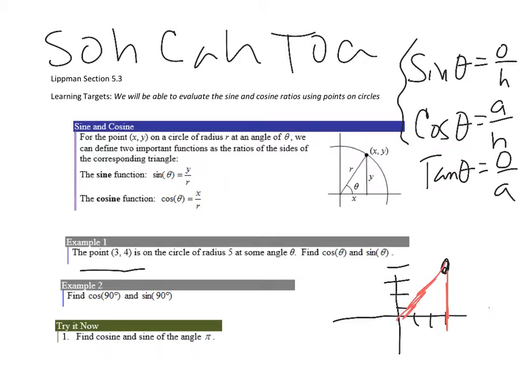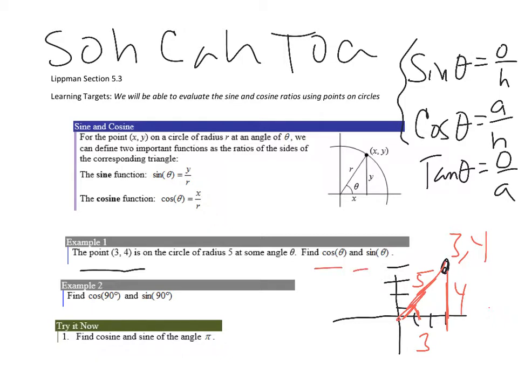Here's the reference angle where they told us that if this point's 3, 4, we know the x value is 3, the y value is 4, and then they're telling us 5, that the radius is 5. I'm hoping you remember that this is a 3, 4, 5 triangle, and take a look on the back of my room at Oxbow, and you'll see the Pythagorean triple shortcuts. So what's the sine and cosine of this angular rotation?